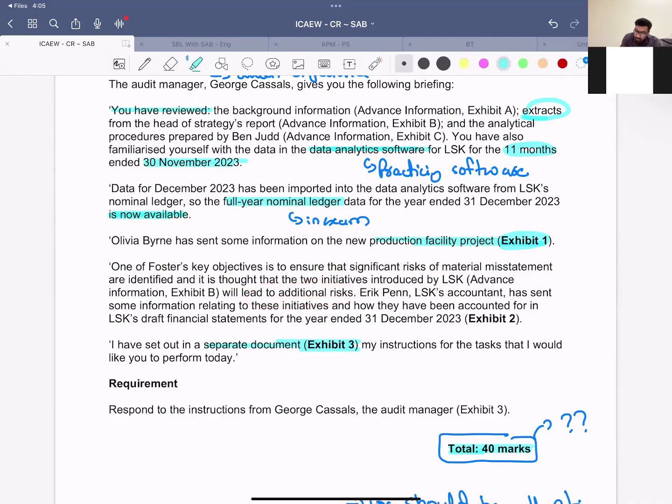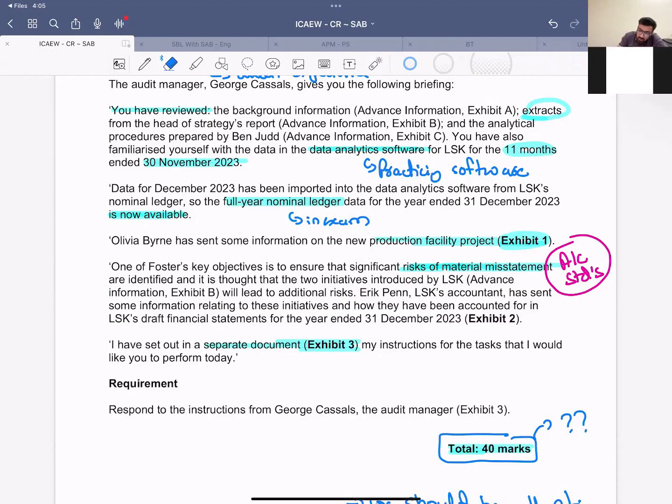So that means there is some kind of requirement of misstatement as well, and accounting standards have been tested, and you have to take care of that as well. In the advanced information, they would have discussed the 2 initiatives, so we'll read that advanced information and think on these initiatives as well.